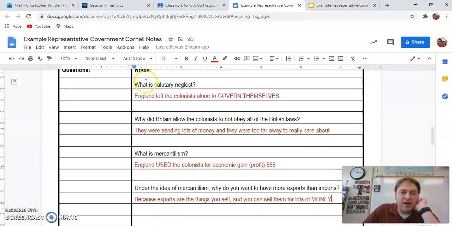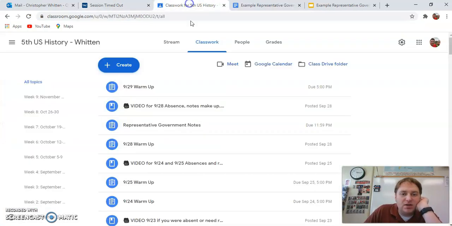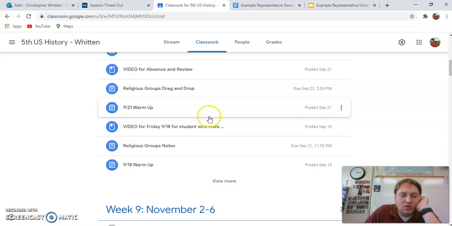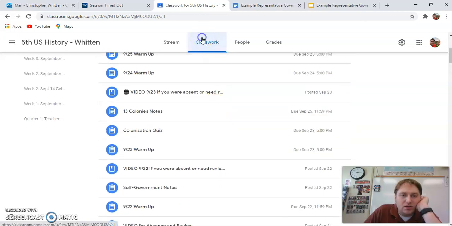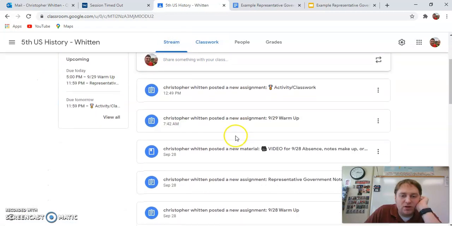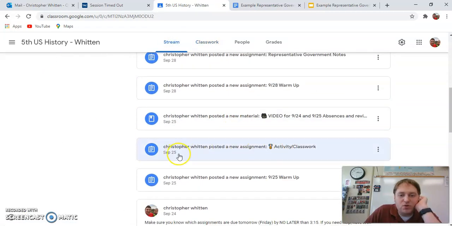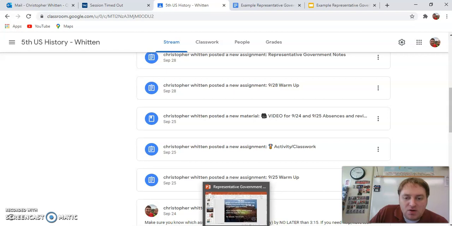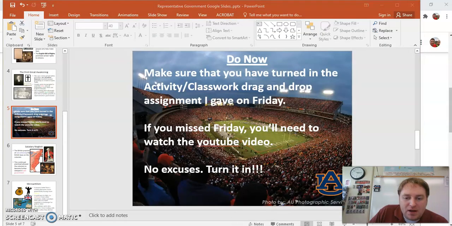If you have an activity classwork, it will be the one from September 25th, activity classwork. That is the 3 regions, drag and drop. Make sure that you do that. That way you're caught up and ready to go. So let's get on with it.